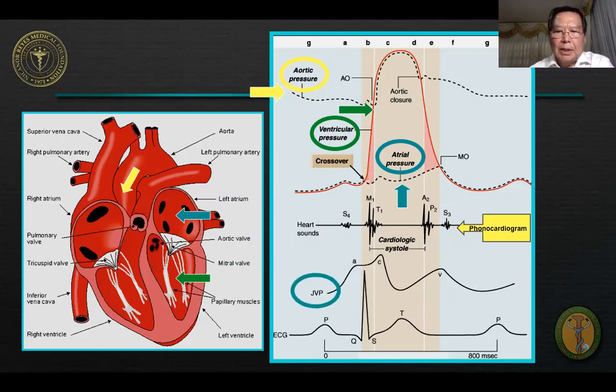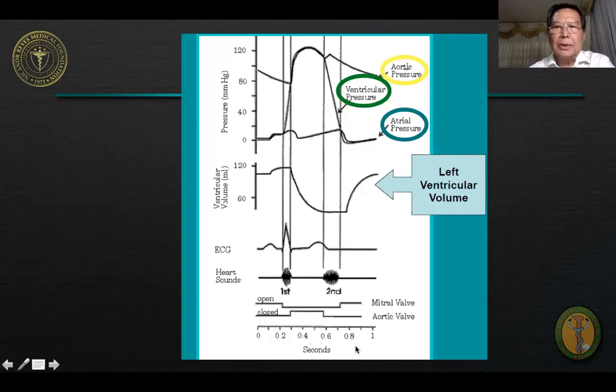Okay. This is your jugular venous pressure. We know that you have your A wave, your C wave, and your V waves for your positive waves. And these, of course, are the ECG tracing with the various complexes of the components of the electrocardiogram.